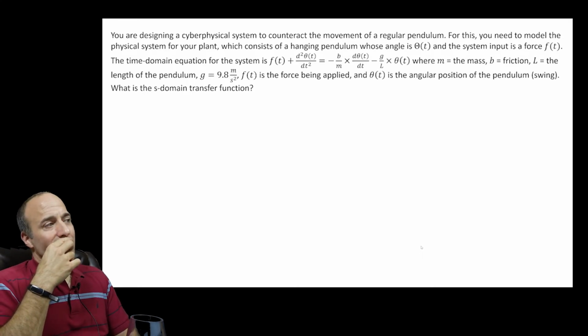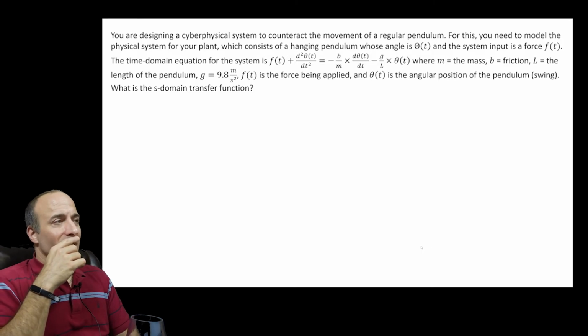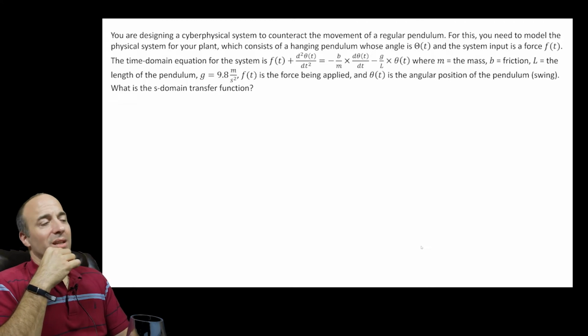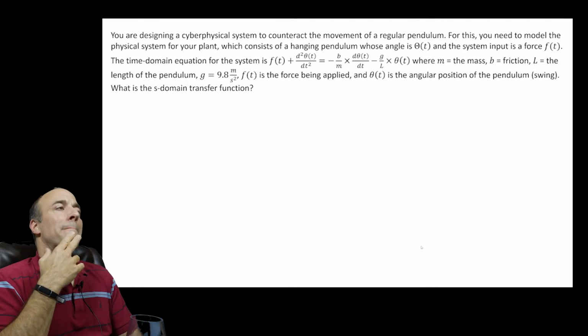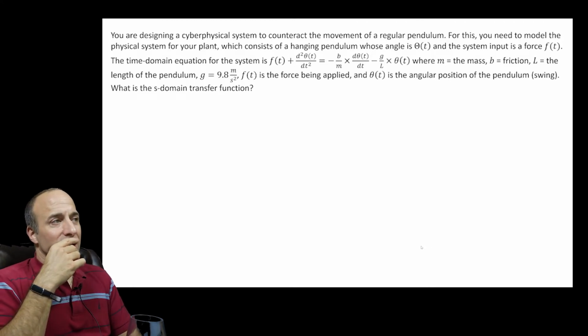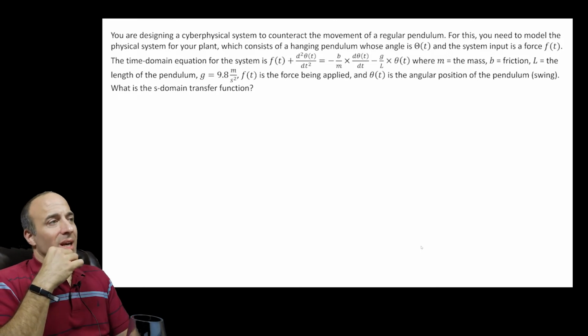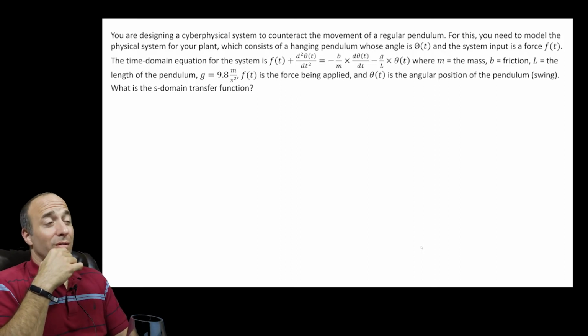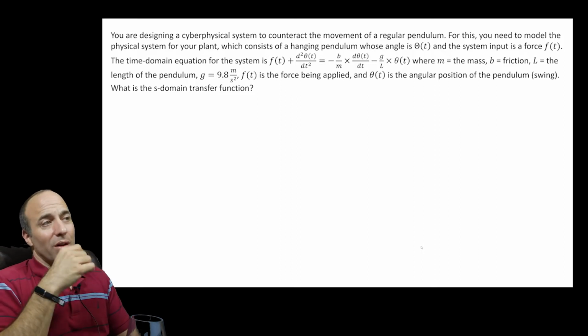The time domain equation for the system is F of t plus d squared theta of t over dt squared, meaning the second derivative of theta with respect to time, equals minus b over m times d theta of t over dt, the first derivative of theta, minus g over L times theta of t.